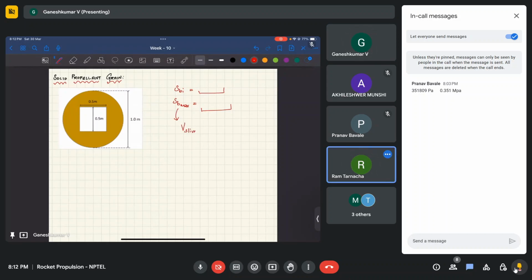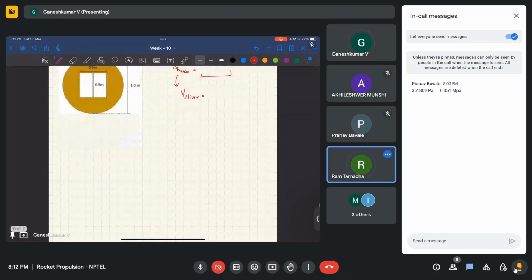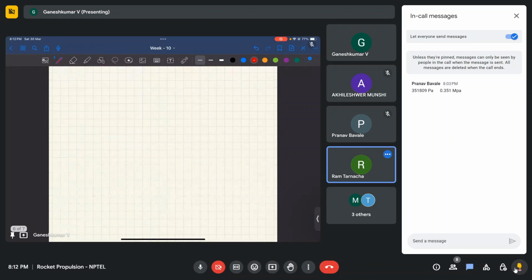Okay, the S_b max and volume of the sliver are actually related with each other. So let me try to draw it in one quarter of this.